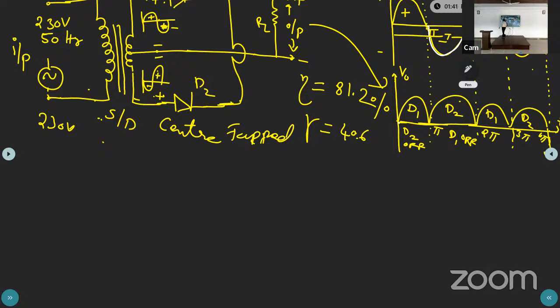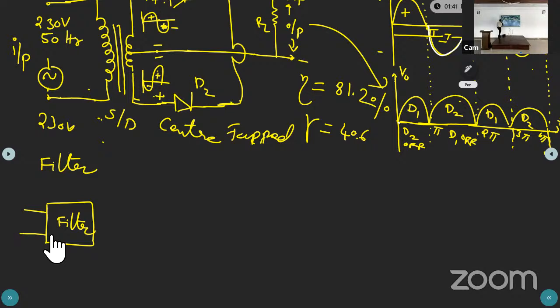Okay. Now regulator, sorry, filters. The filter is here. You can take the filter block here. Filter we are connecting.